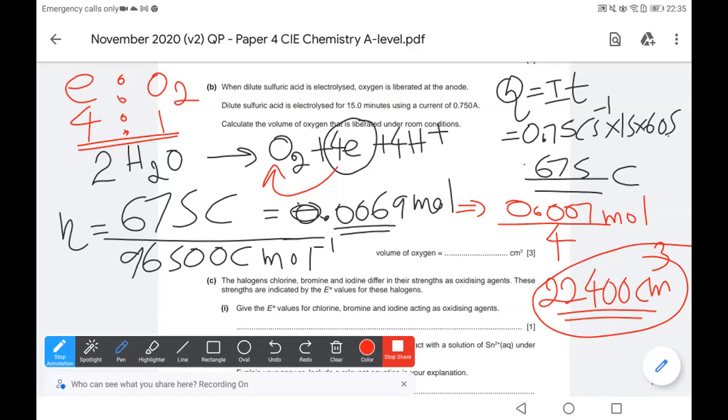Moles equals volume over molar volume. So we take the volume and multiply by the moles of O2.